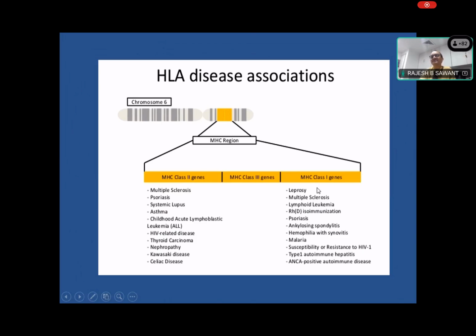So HLA class 1 genes are mainly associated with, say, occurrence of leprosy, multiple sclerosis, lymphoid leukemias, Rh isoimmunizations, psoriasis, ankylosing spondylitis, hemophilia, malaria, and various susceptibility to or resistance to HIV-1 or type 1 autoimmune hepatitis, ANCA positive autoimmune disease, etc. Whereas class 2 genes are associated with multiple sclerosis, SLE, asthma, psoriasis, childhood ALL, or HIV-related disease, thyroid carcinomas, nephropathies, Kawasaki's disease, celiac disease, etc. So you may have a situation where the clinician may want you to test for one particular class 1 or class 2 HLA gene also, because he wants to establish the clinical diagnosis that he is suspecting in his patient, right?